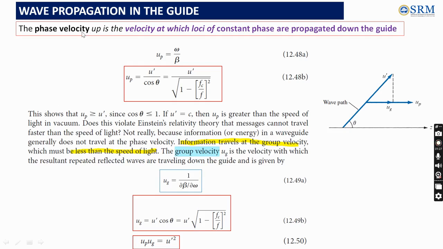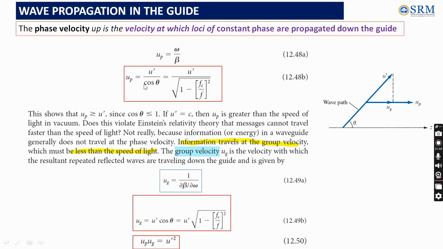Phase velocity is nothing but the velocity at which the locus of constant phase is propagated. How the constant phase propagates down the guide is known as phase velocity, and that is equal to omega by beta.